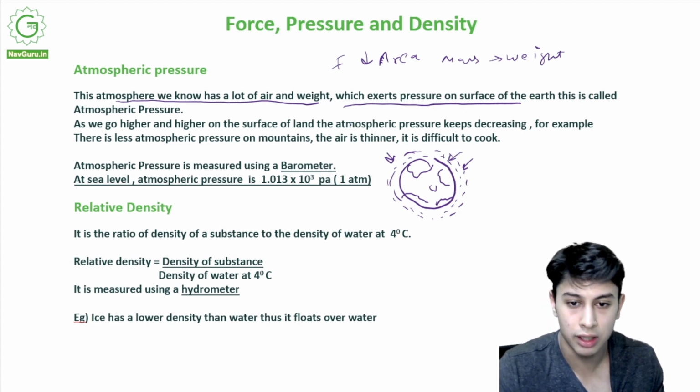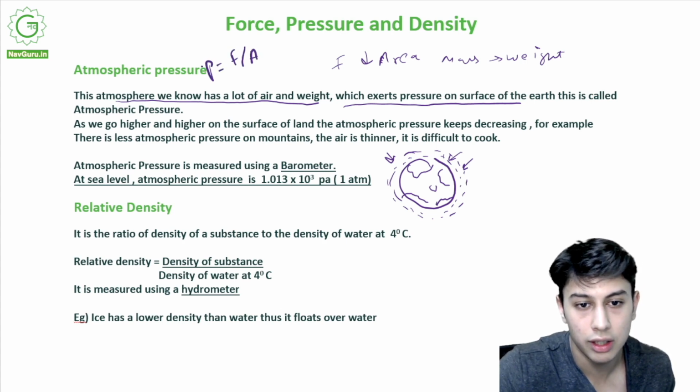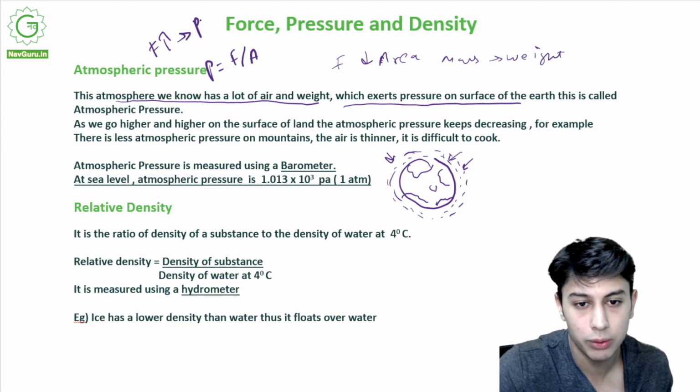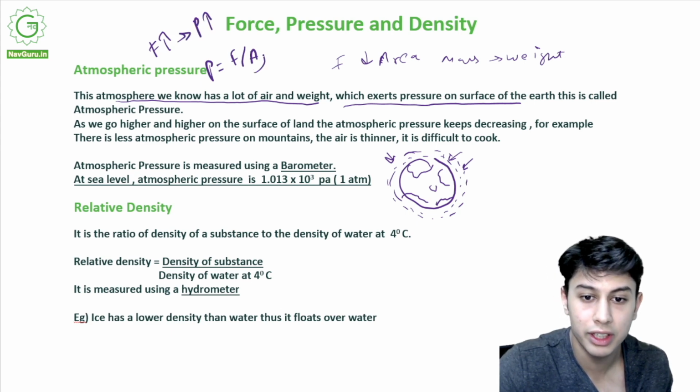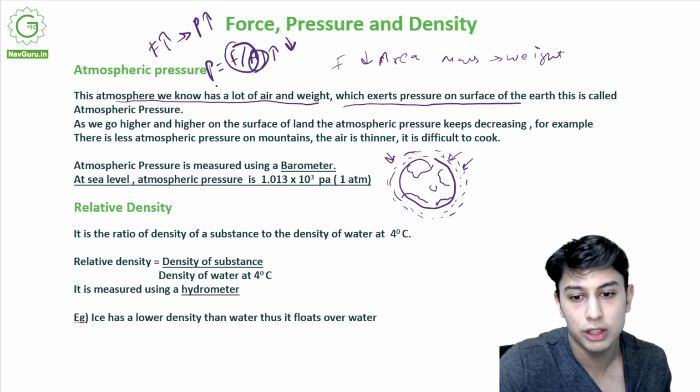If you remember, pressure is equal to force upon area. If force increases, then P will also increase. But if the denominator increases, this whole value will decrease. So if area increases, pressure decreases.